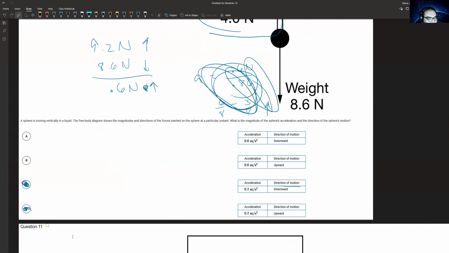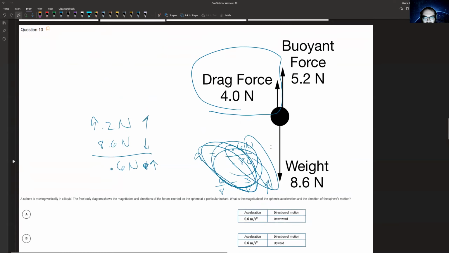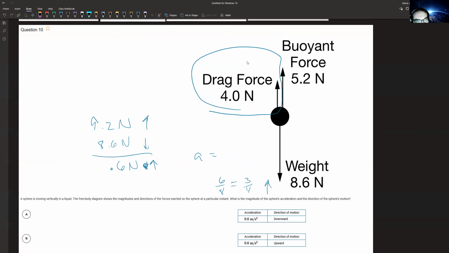Yes. So originally, I was relying on the fact that we should know if it's slowing down or speeding up to get the direction of the motion. But no, the drag force tells us here which way it is. So very good. That helped me realize my mistake there. Oops.